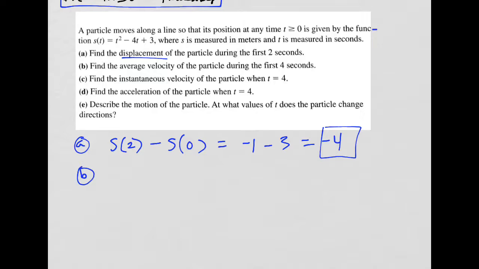We're finding the slope of the secant line for the position function. So it says for the first 4 seconds, that would mean I would have s of 4 minus s of 0 divided by 4 minus 0.